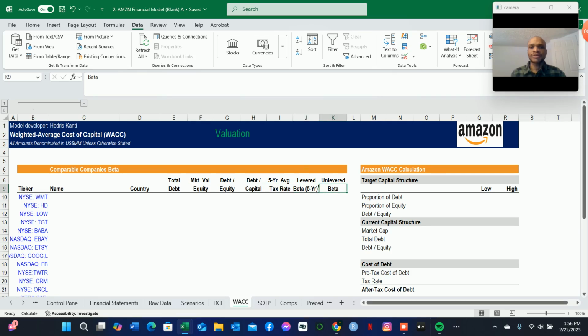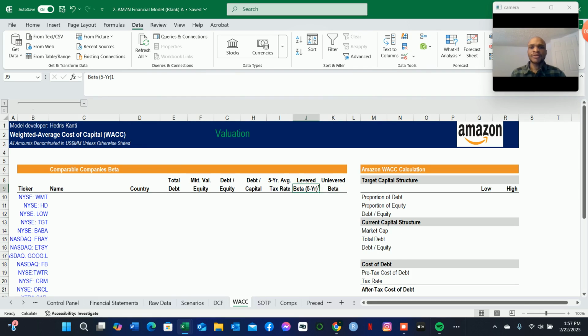So that's how we're going to be able to calculate the unlevered beta based on the levered beta and the average tax rate. The unlevered beta is essentially the market risk that doesn't take into account debt financing. So it removes the effect of debt financing in the market risk.